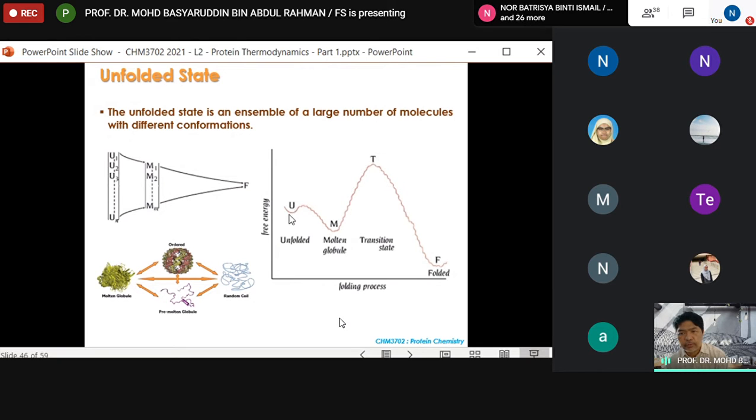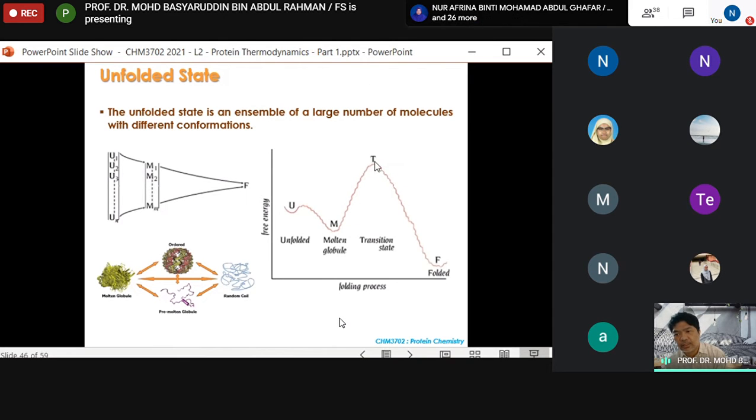The unfolded energy is still quite high, but molten globule is slightly lower. But this is the critical part for it to reach the transition state. If it's achieved, then it becomes the folded.